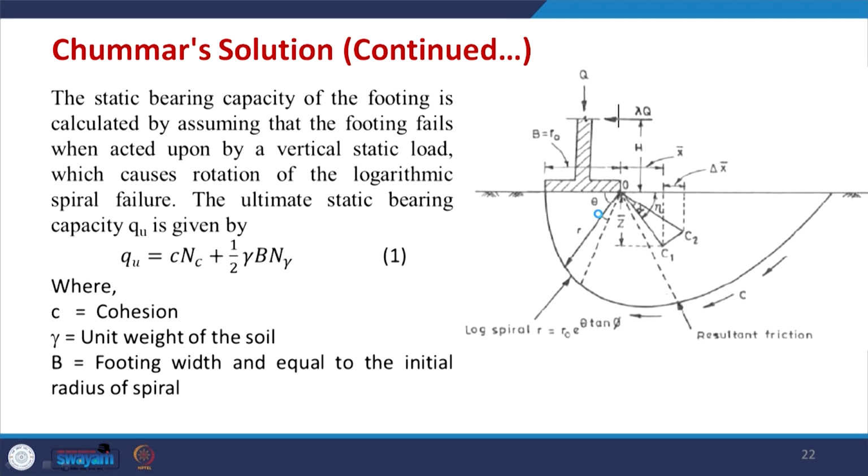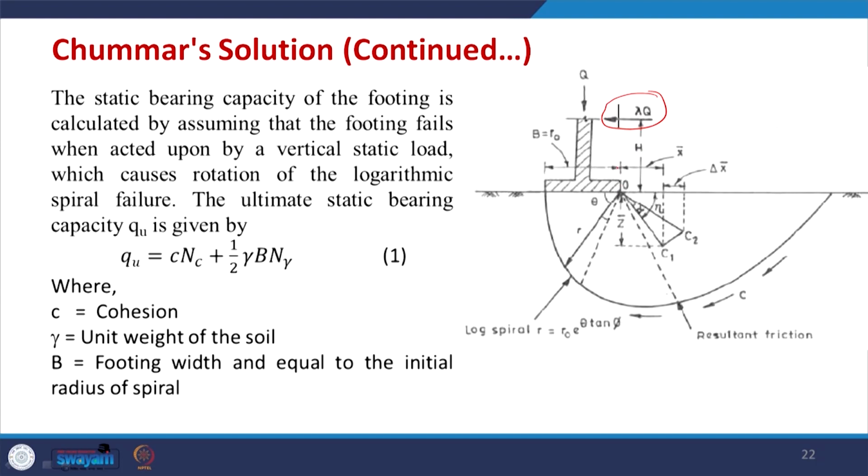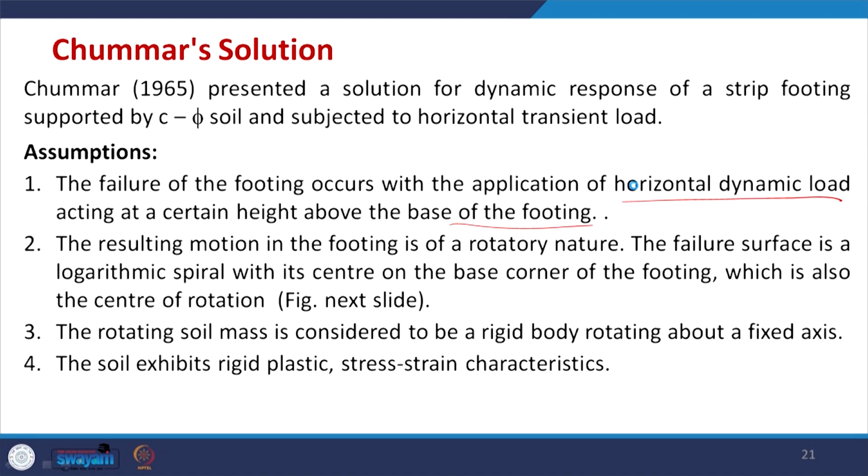Normally a vertical load Q is always acting, but we consider in addition to Q a horizontal load given by lambda Q, acting at a height H above the base of the footing, where capital H is the height from the base of the footing. This is in addition to the value of Q considered in this analysis.